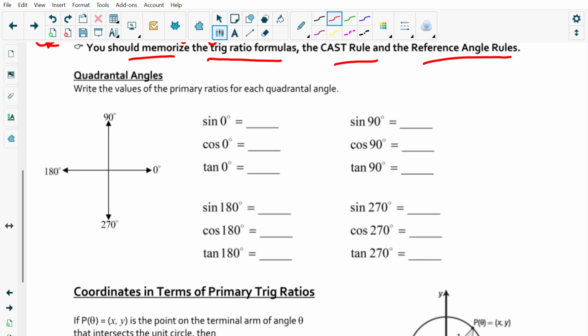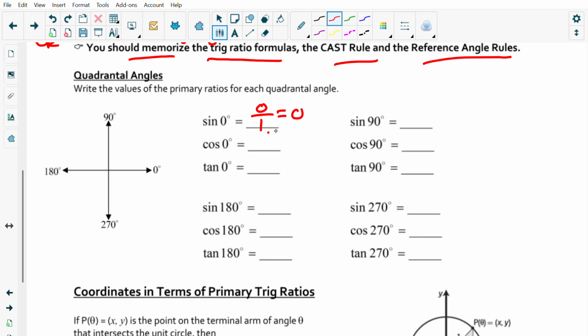Okay, quadrantal angles. Write the values of the primary ratios for each quadrantal angle. So sine of 0, that's opposite over hypotenuse, 0 over 1, well, that is 0. Cosine of 0 is adjacent over hypotenuse.